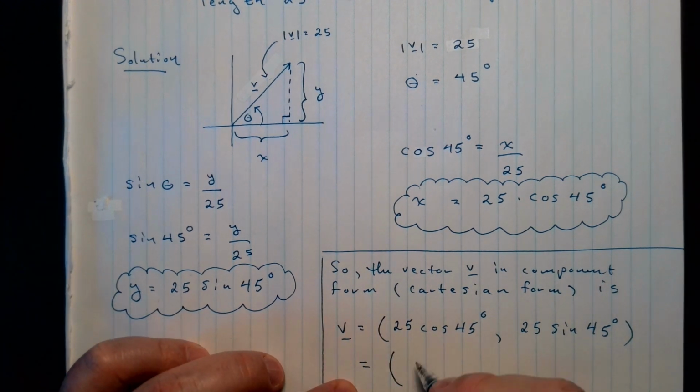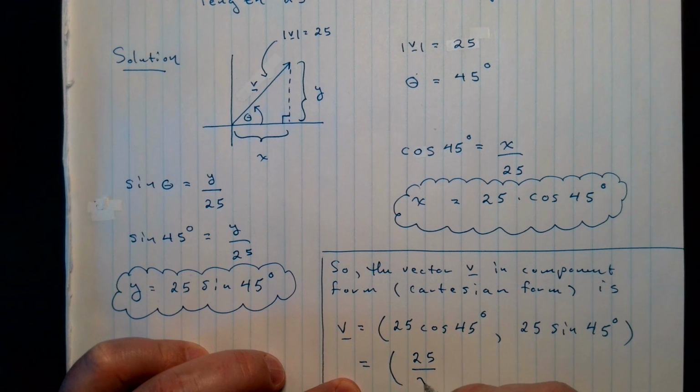So we can rewrite this as 25 over the root of 2 and 25 over the root of 2. Magic.